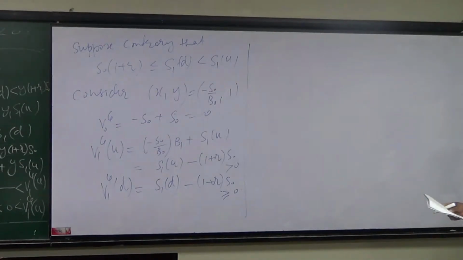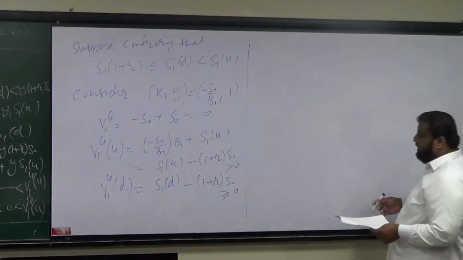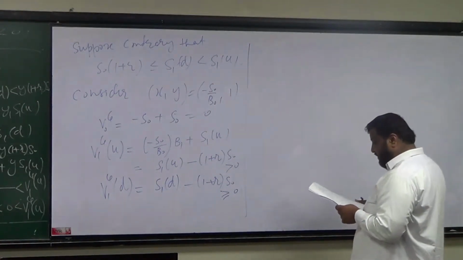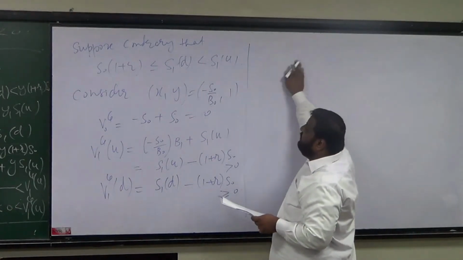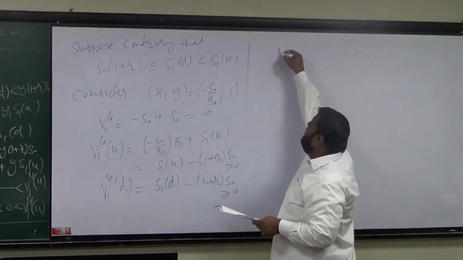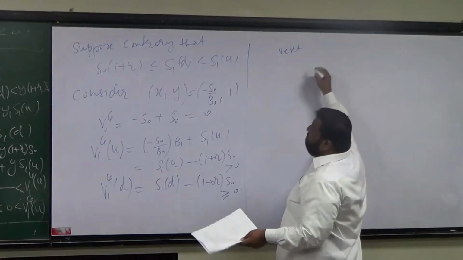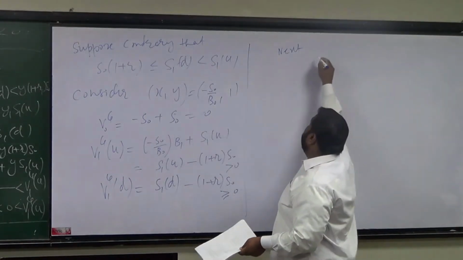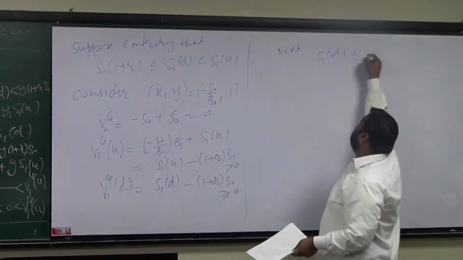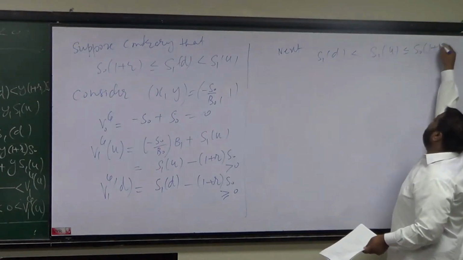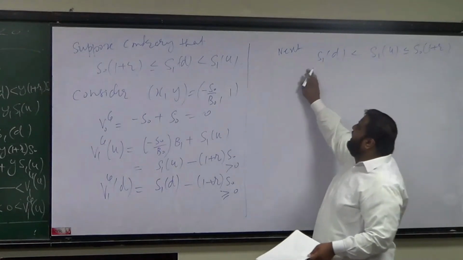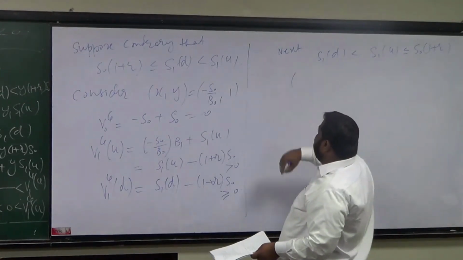Okay? So that's one possibility. Next, if S1 of d is less than S1 of u, with S1 of d less than or equal to S naught times 1 plus r, my claim is that in this case you make this investment.